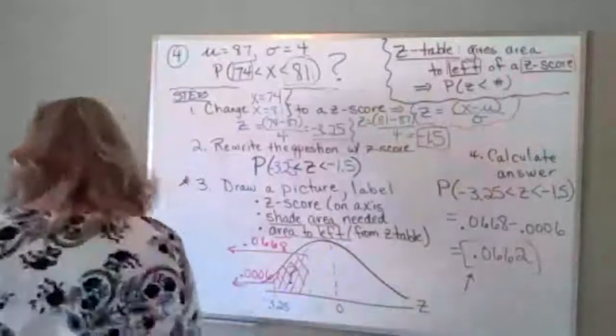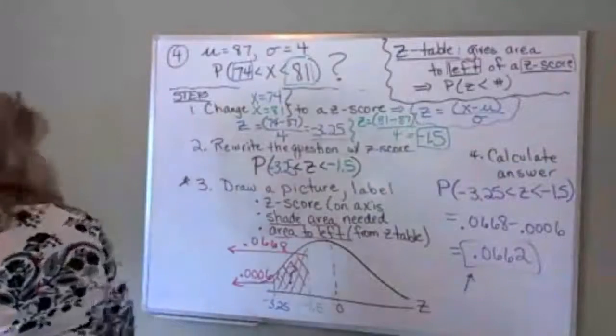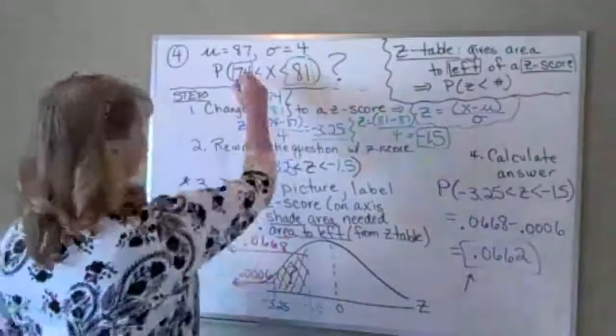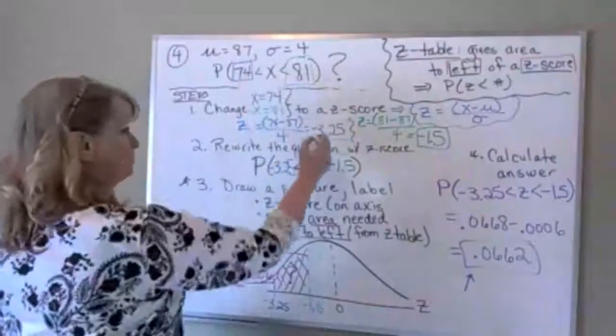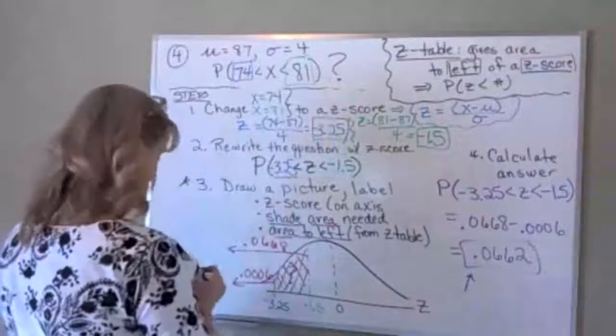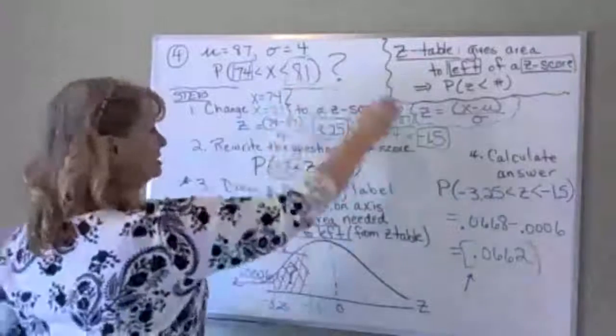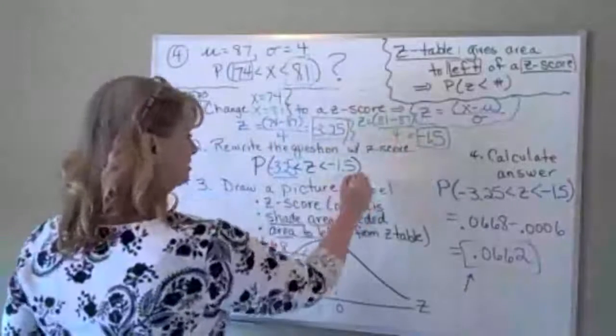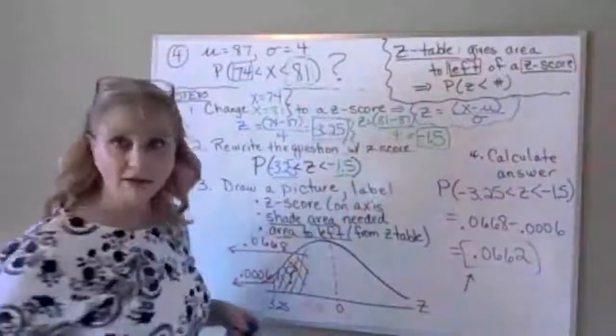Okay? So I calculated the z-scores, and all I did was substitute, in place of this 74, the z-score that I got for 74. In place of the 81, I put the z-score that I got for 81.